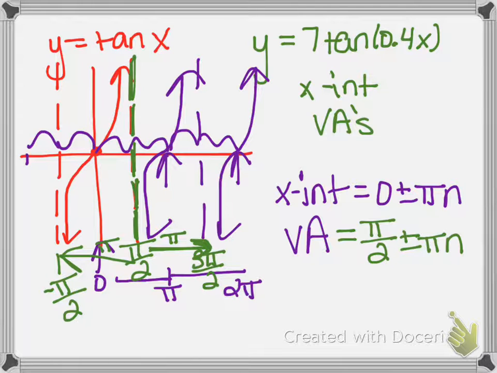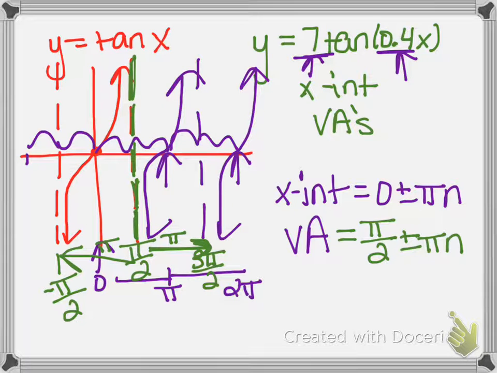So what the transformations in the given equation are doing, we were given this transformation and this transformation. This would be a vertical stretch that would make your graph 7 times taller. That's going to have absolutely no impact on the location of your x-intercepts and vertical asymptotes. Okay? This is the only thing that will impact the location.